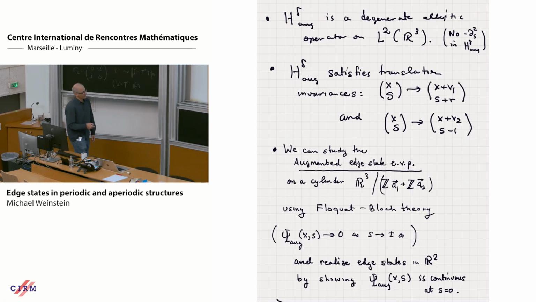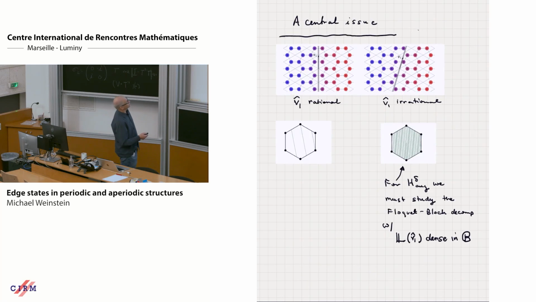The idea then is to construct these edge states and then restrict to S equal to 0, show that these have regularity, a continuity with respect to S, and then conclude that you have edge states in the original 2-dimensional structure. But here's the central issue: once you're in this 3-dimensional picture, you have to integrate over Bloch modes. But now the quasi-momentum set that you have to integrate over is actually dense in the Brillouin zone.